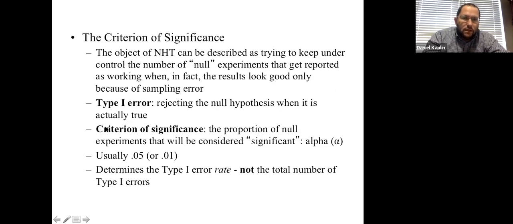Okay. So whenever we do null hypothesis testing, we start with the assumption that the null hypothesis is true until proven otherwise, right? And so we're either going to reject the null hypothesis or we're going to fail to reject the null hypothesis.